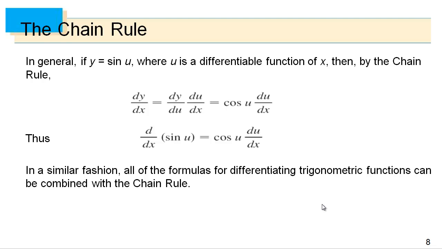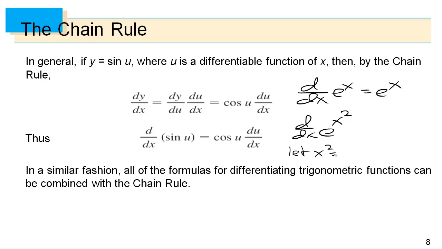Another simple example we can think of, something that we already know how to do, is we know that the derivative with respect to x of e to the x is just e to the x. But what about the derivative of e to the x squared? Well, if we think of x squared as our u, then this really becomes the derivative with respect to x of e to the u.